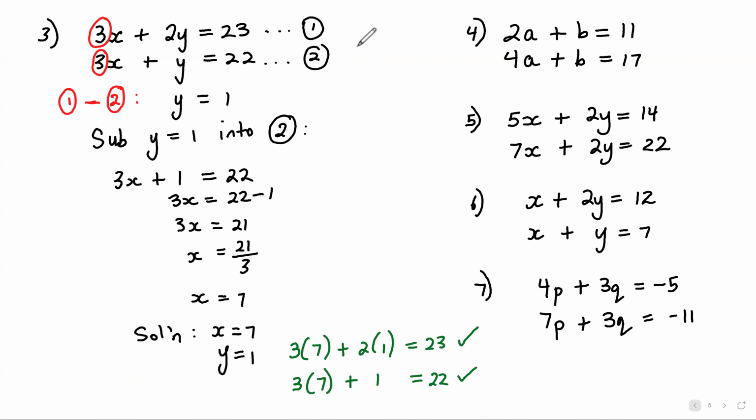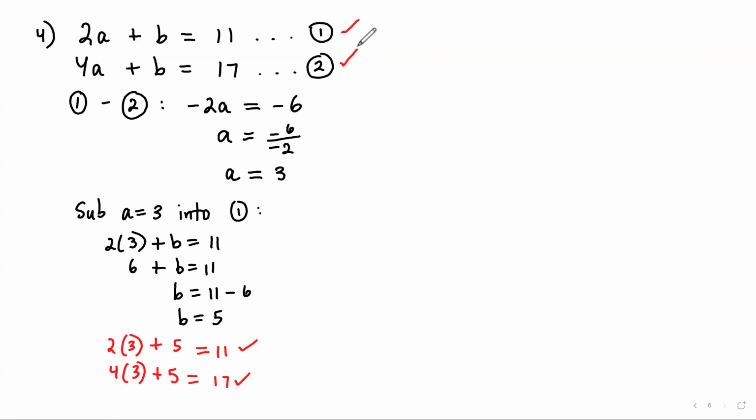The second one is 5x plus 2y, right, so that one was 5x plus 2y is equal to 14. And then 7x plus 2y is equal to 22, sorry.